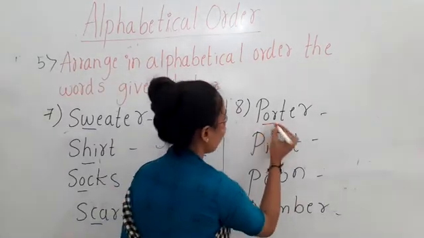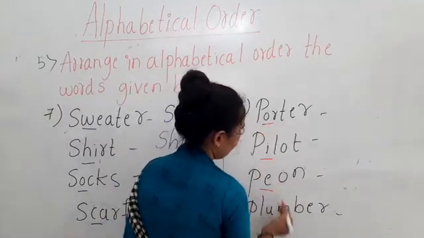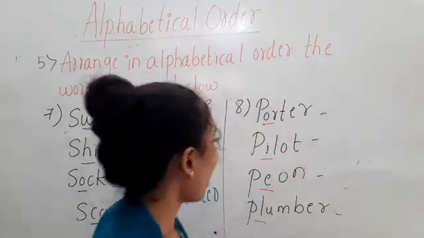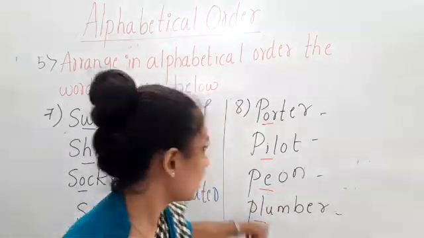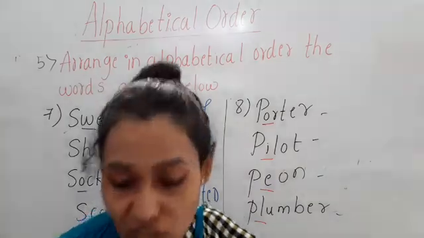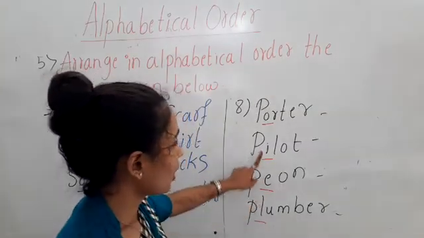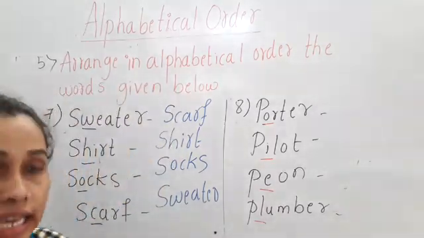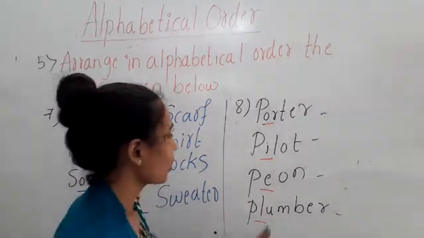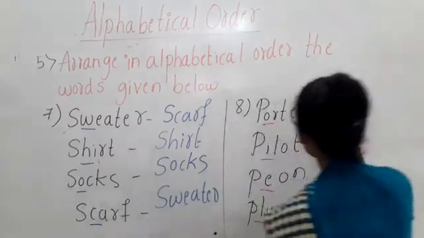Here we have O, I, E, L. In these four letters, which letter comes in the beginning, children? E. Okay children. So what we have to write here?